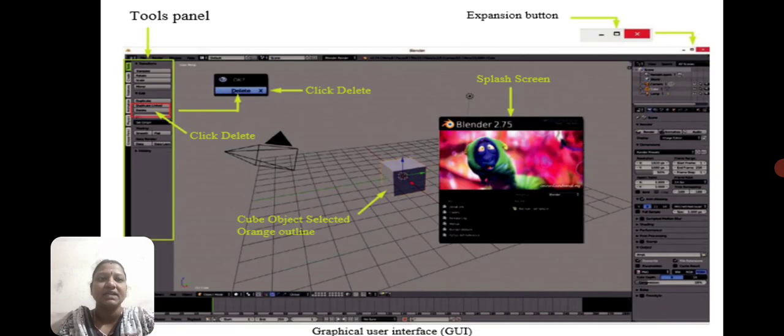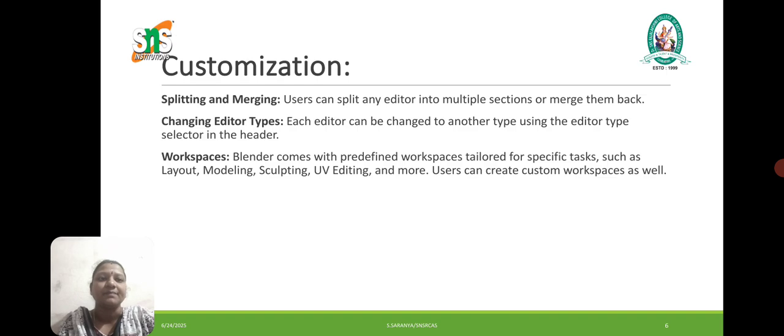Next, here we can see the tools panel, the splash screen, delete cube, object selected, and outline. We can see all of that from these options. Next is customization. According to the Blender screen, we can customize the Blender screen by splitting and merging, and changing editor types and workspace.